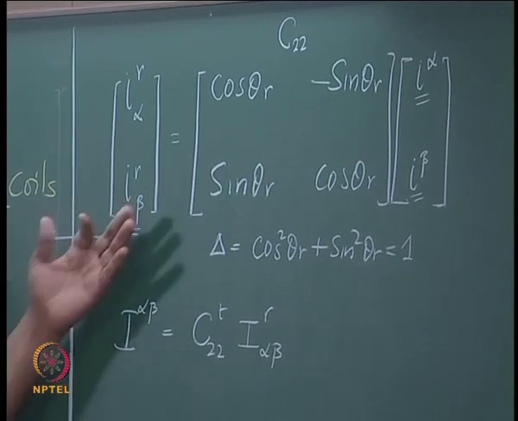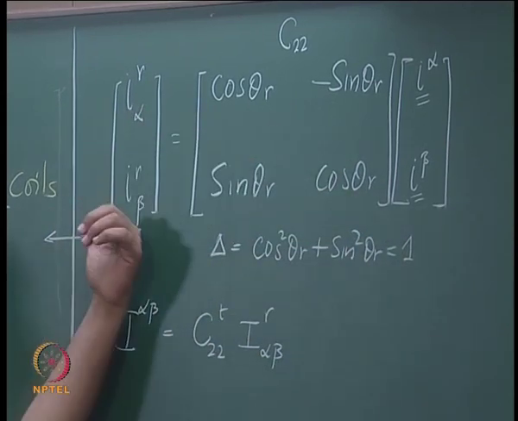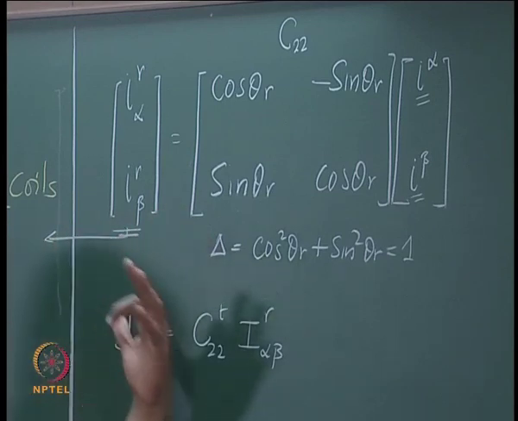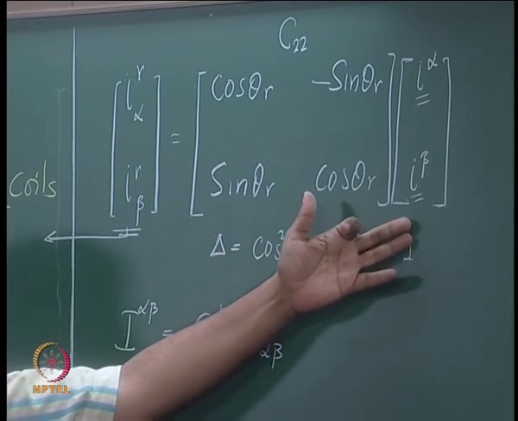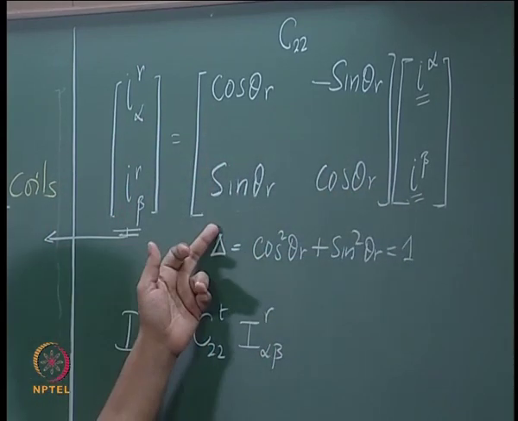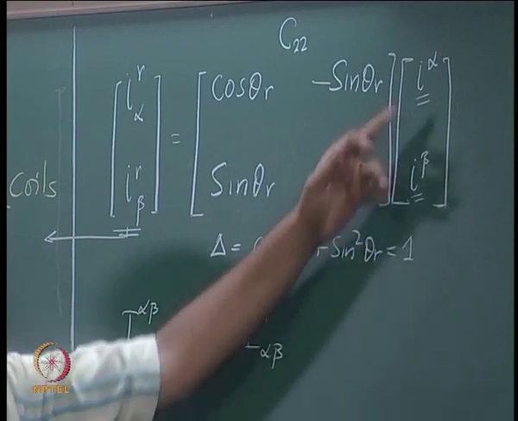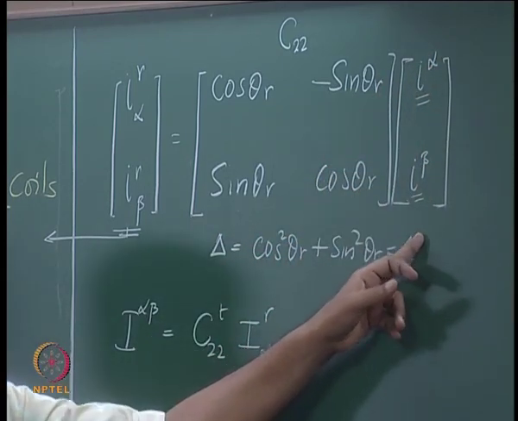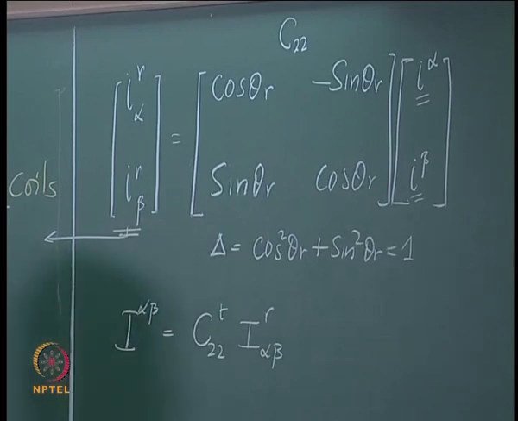So this enables you to go from alpha beta to fictitious coil or fictitious coil to alpha beta, and as we observed yesterday, this does not have zero sequence. If we have zero sequence, that does not go through this equation, zero sequence is retained as it is. So you need to add one row of zeros and two zeros here, with the diagonal entry being 1, and the same zero sequence therefore comes here.